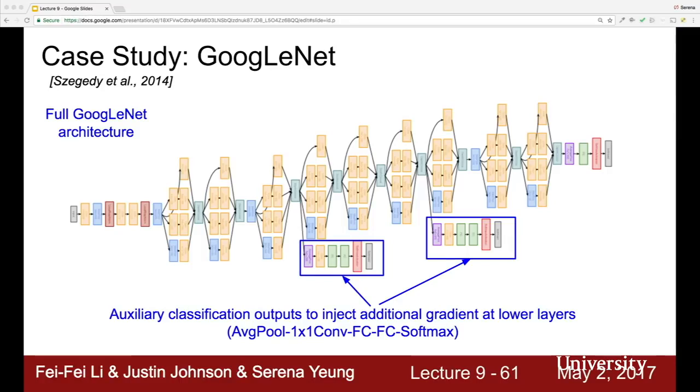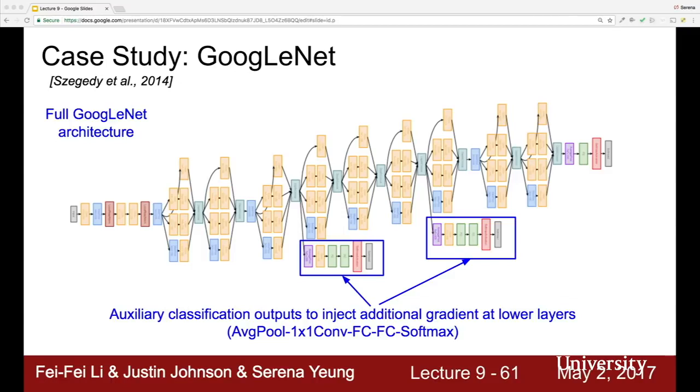These are also little mini networks with an average pooling, a 1x1 conv, a couple of fully connected layers, going to a softmax, a 1,000-way softmax with the ImageNet classes. And so you're actually using your ImageNet training classification loss in 3 separate places here: the standard end of the network, as well as in these 2 places earlier on in the network.